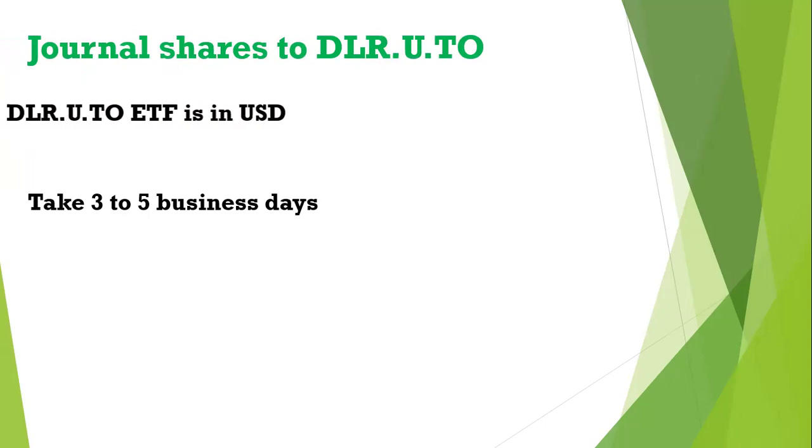This transaction may take 3 to 5 business days, and then the journaling will be complete. You will now have the DLR.U.TO. Then remember to go back and sell the DLR.TO to get the cash. Then you can go ahead and choose the shares of your choice. So let's continue with this one.